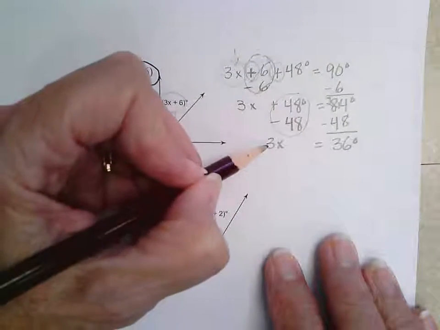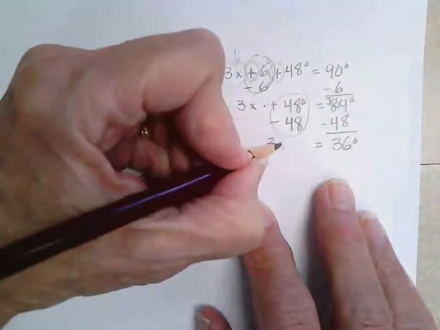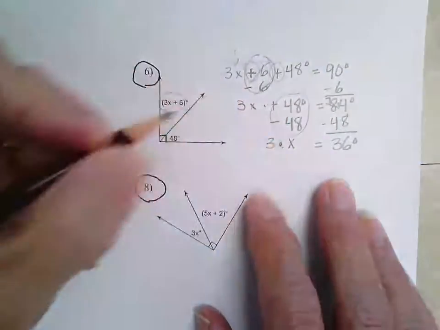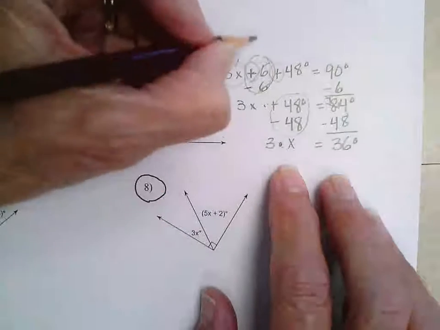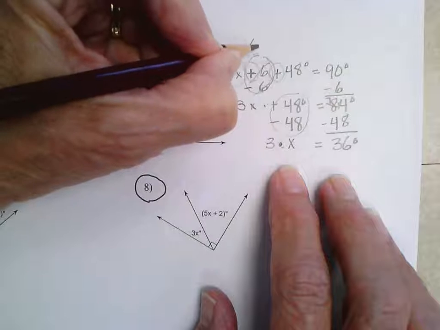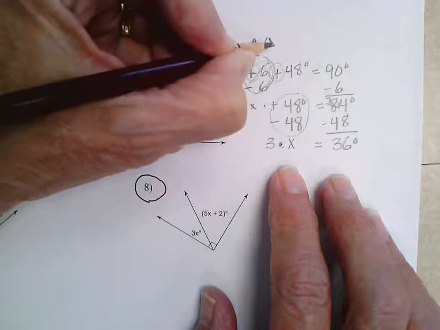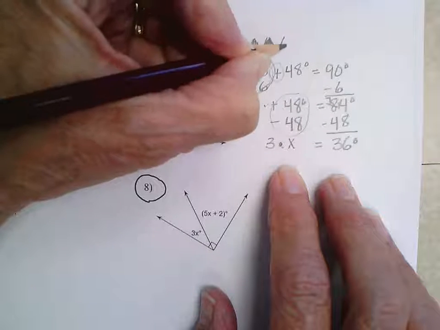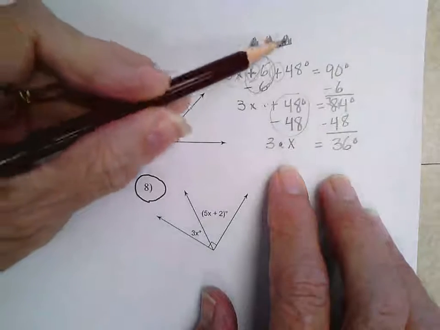Now, this is just like what we had when we did our percent problems. This is just like 3 times x. That's actually what 3x means. Remember when we were using the pawns? This is 3 of the blue pawns. So we're going to try and figure out what each of these is.